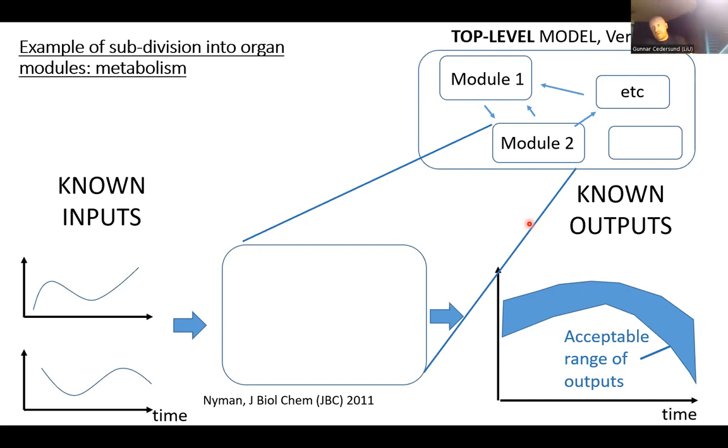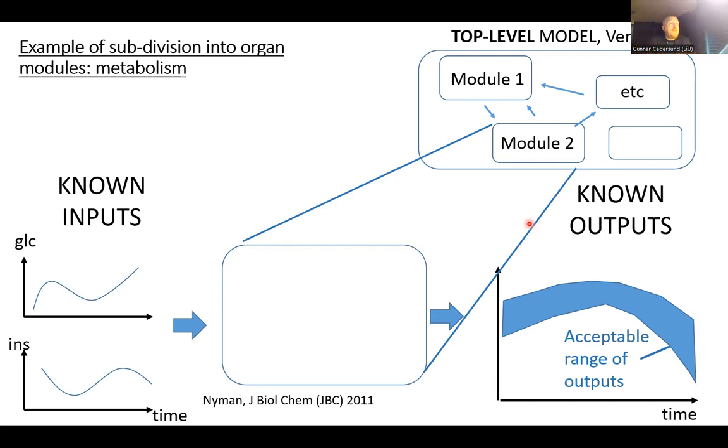So here, to make it a little bit more clear, the input to, for instance, the fat tissue would be here, for instance, the glucose and the insulin that goes into the tissue, that one that comes with the blood going into the tissue, so the arterial blood.